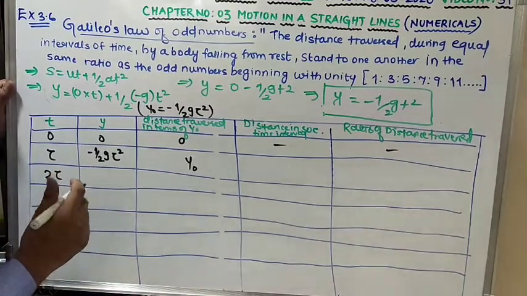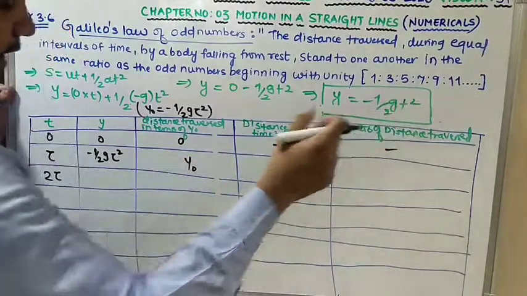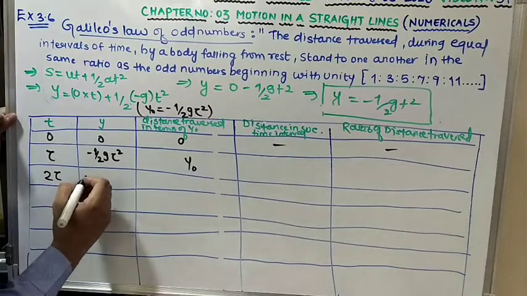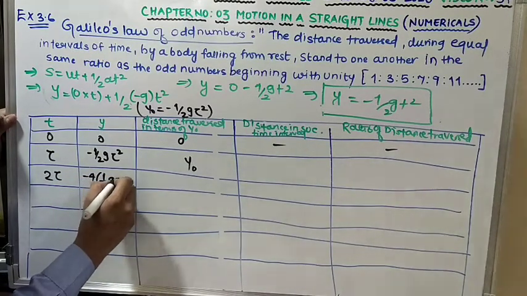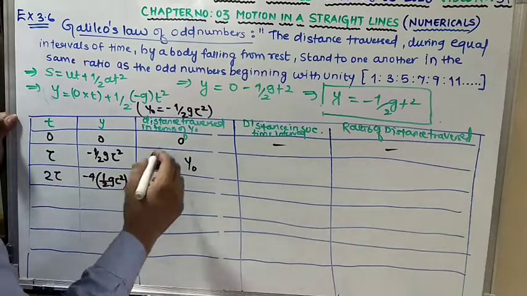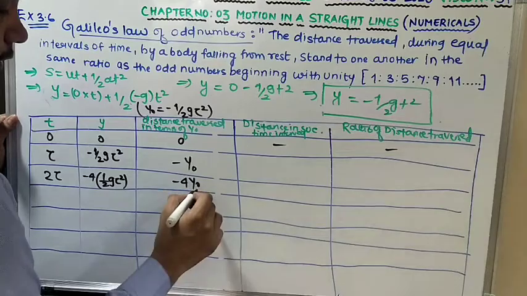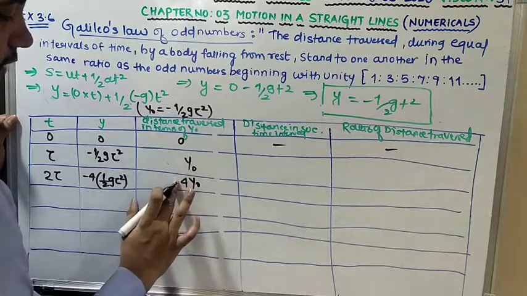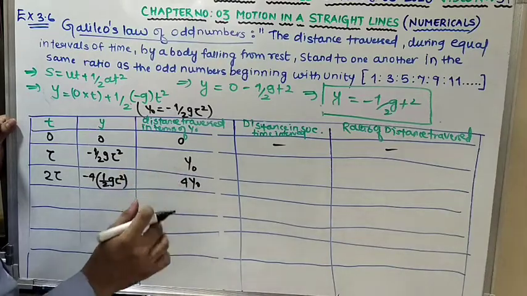Then I am taking 2 tau. 2 tau means how much? Remember I will put 2 tau over here. So 2 tau square will be 4 tau square. So my equation will be minus 4 times half g tau square, and I will write over here minus 4 y naught. Till this clear?